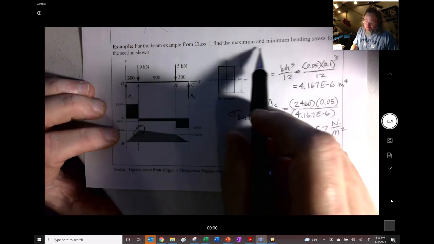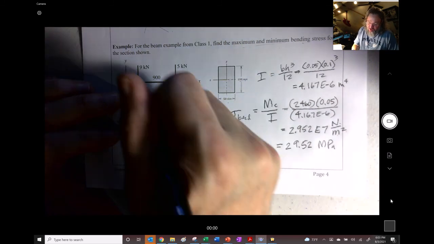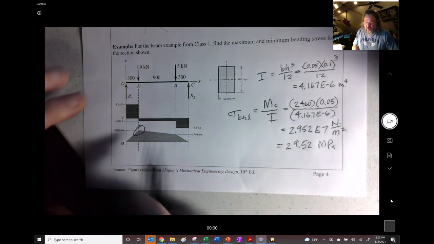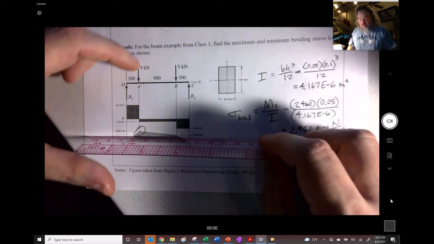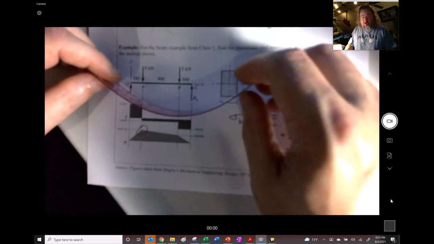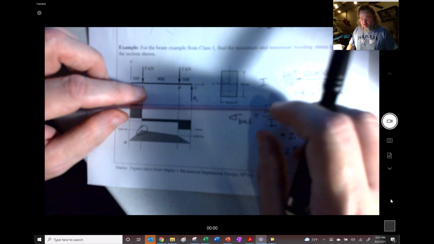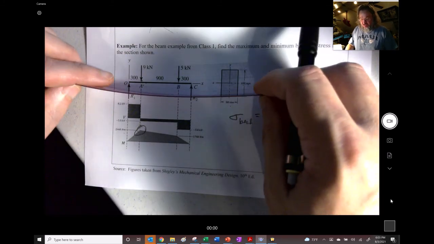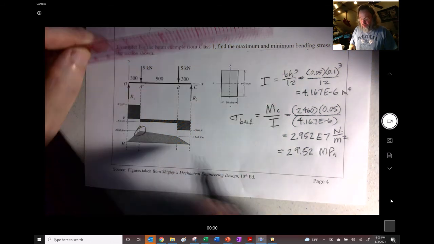It depends if the maximum and minimum bending stress are the same. It's at the same location, but we have to look at this and try to see what's happening. If this is pushing down, it's going to be bending like this, so at the top of the section at A, it must be compression on the top and tension on the bottom.